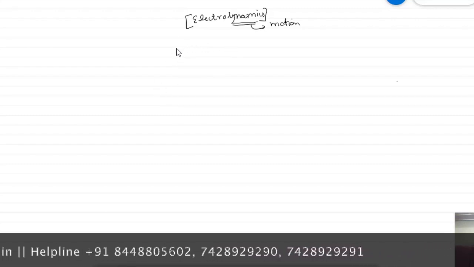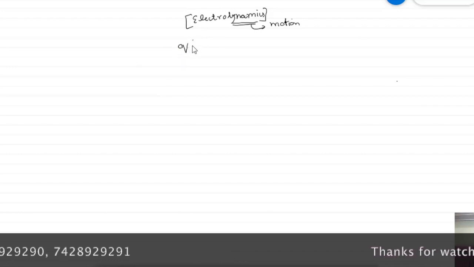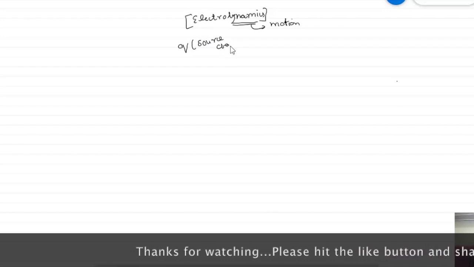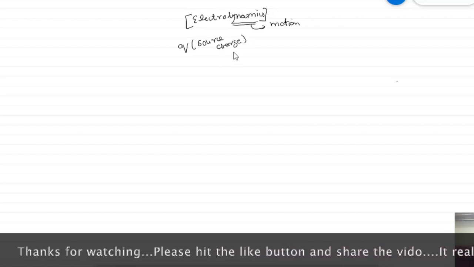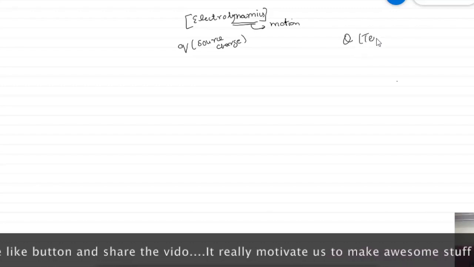So first I will tell you what we try to solve, or what we hope to understand from electrodynamics. Suppose that I have a small test charge, and I have a source charge Q. So I have a source charge Q and a capital Q, that is the test charge.